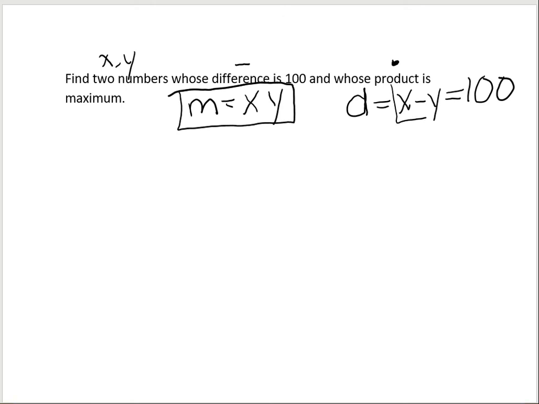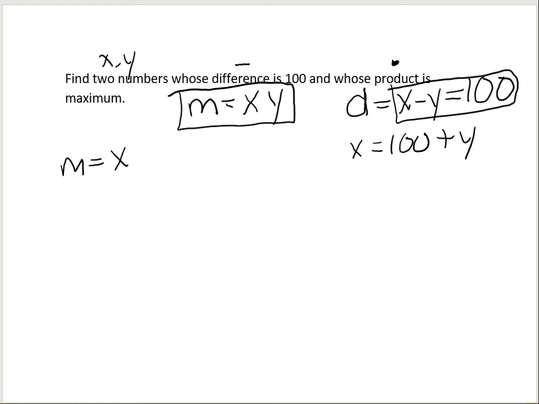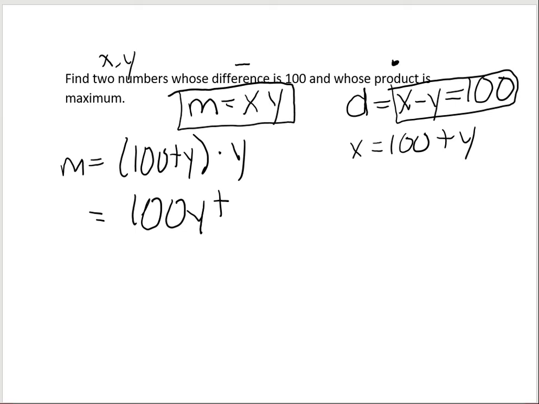So we could take this formula and solve: x equals 100 plus y. So m is equal to x times y, I apologize, it is equal to 100 plus y times y, or 100y plus y squared.